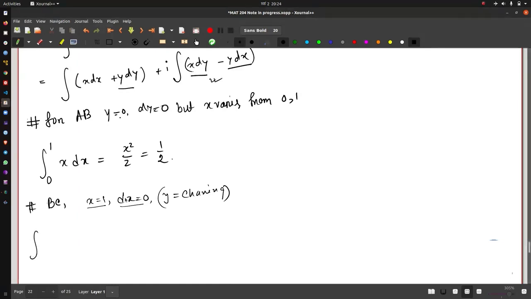If you put dx equals 0, the first term goes out and the last term goes out. So finally, putting x equals 1 and dx equals 0, you will have y dy plus your imaginary number i, and then putting x equals 1 over here, this would be dy.